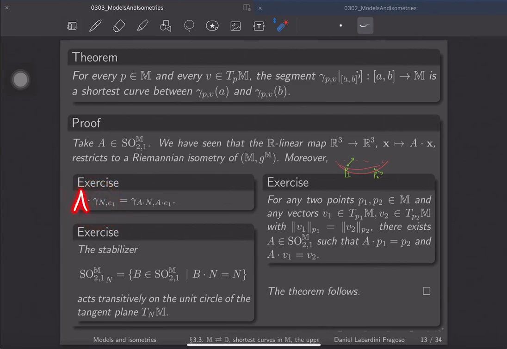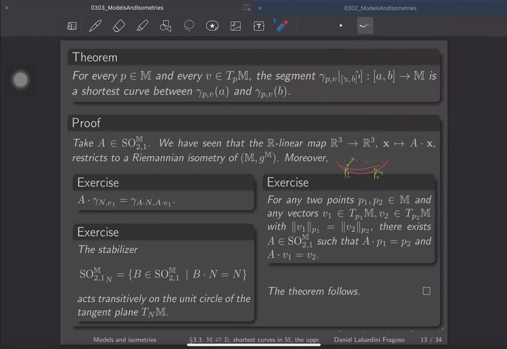And applying A preserves the length. And applying A to this curve preserves the length, and applying A to any other curve preserves the length of this any other curve, which was already greater than the length of this one. So at least when my vector is chosen with norm 1, this is indeed a shortest curve.